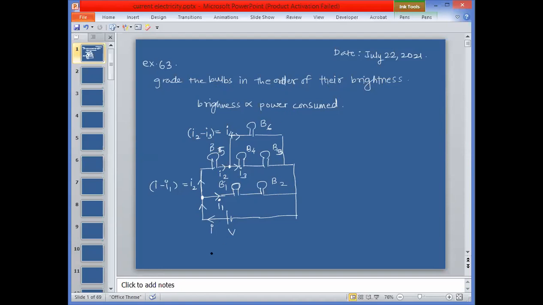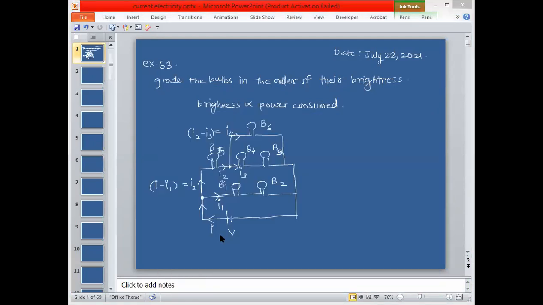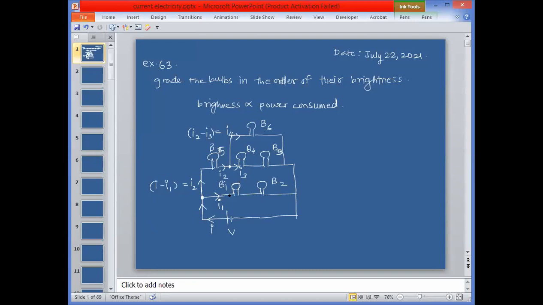Let's say this is the potential difference V. Now, if we use the voltage division principle for the first bulb and the second bulb, which are in series, can I say this V is the total potential difference which will be shared across this bulb and the remaining across this bulb?